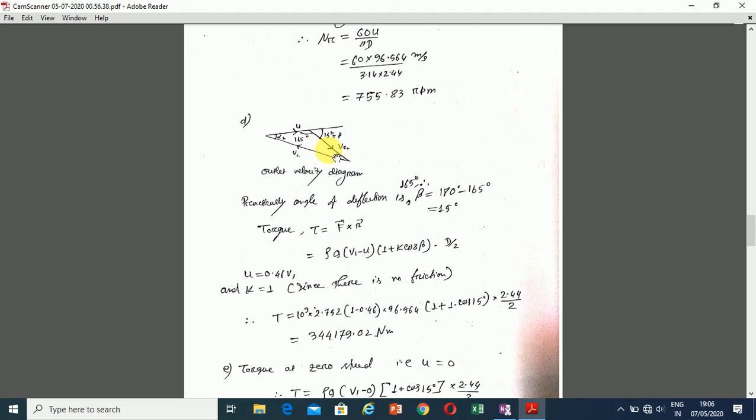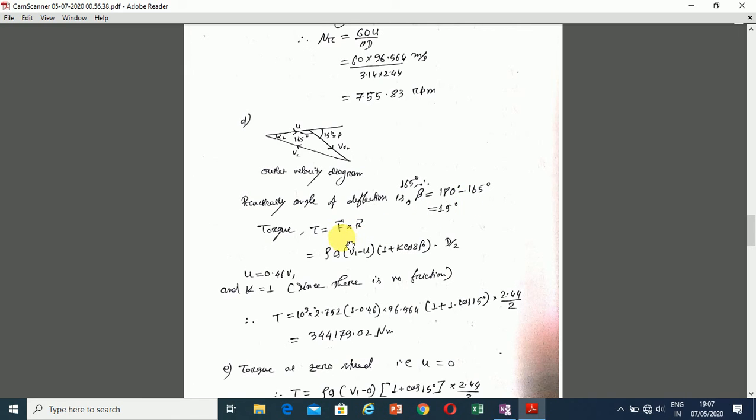Beta is runner vane angle. VR2 is relative velocity, and practically angle of deflection is 165 degree. If angle of deflection is 165 degree, then beta will be 180 minus 165, that is 15 degree.